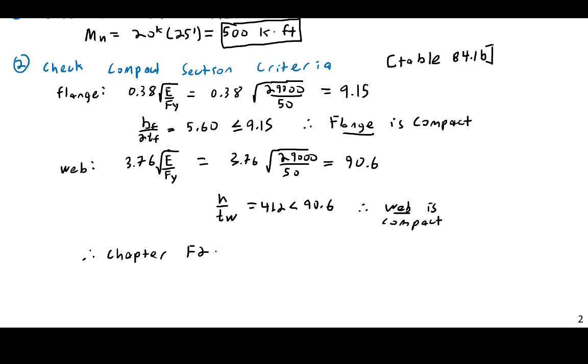If one of these was not compact, or one of them was slender, we would have to use one of the later sections. So chapter F2 applies. Again, we start our flexural analysis by first determining which section of the code to use, and we do that by determining the compact section criteria or ratios.